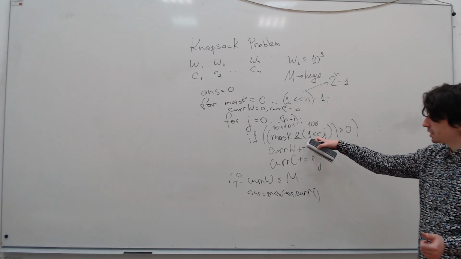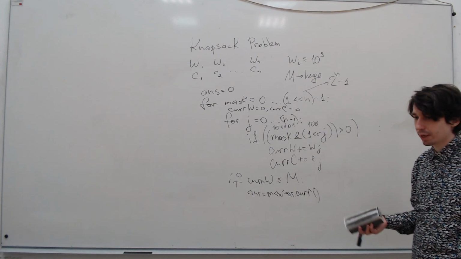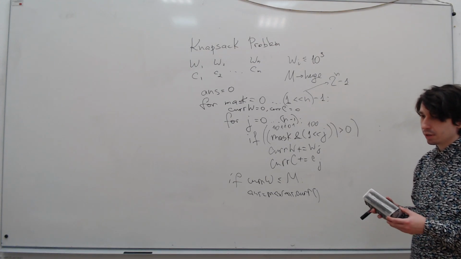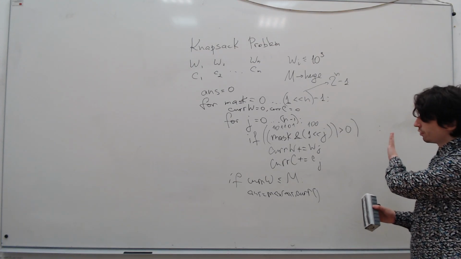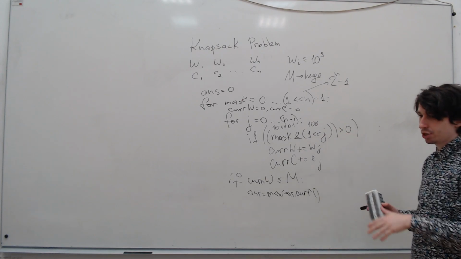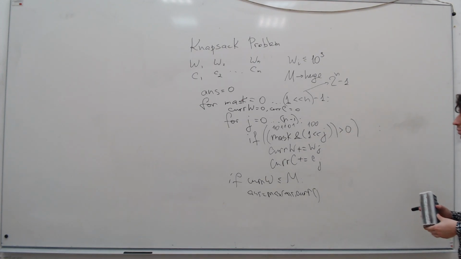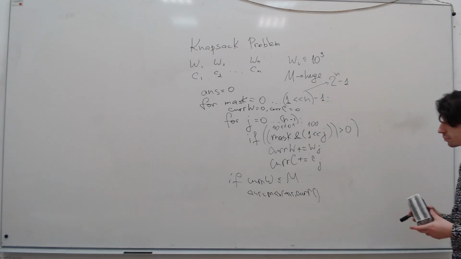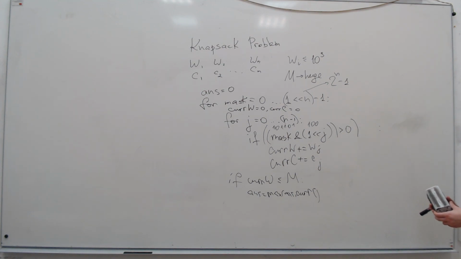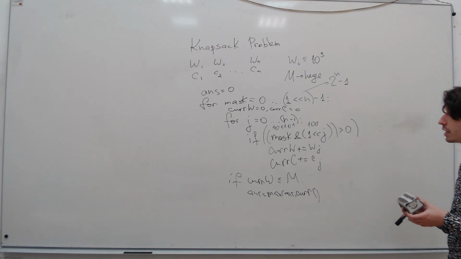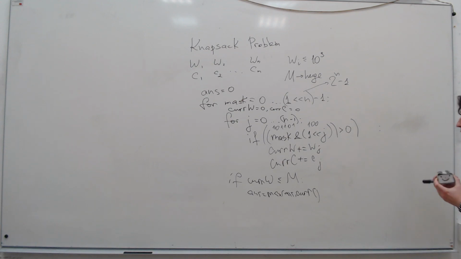So this simply means multiplying by 2 to the power of j, shifting all the bits by j positions to the left. Okay, if you understand that, we simply traverse over all subsets.